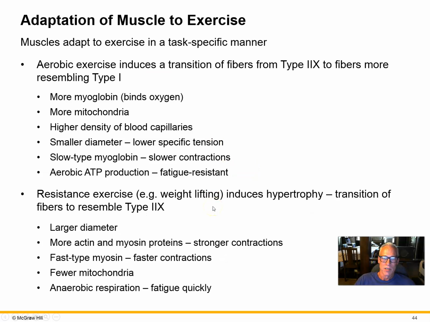Whereas resistance exercise or weightlifting tends to induce the lighter type 1 fibers to bulk up, add more actin and myosin filaments, more myofibrils, reduce the number of mitochondria, and jettison the myoglobin. It's an oxygen-binding protein, don't need it.